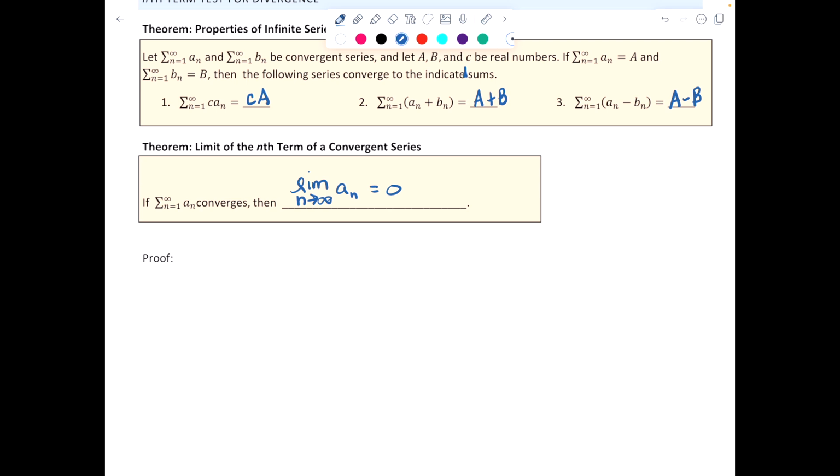So the proof for this is kind of cool. What we're given is that the sum converges.